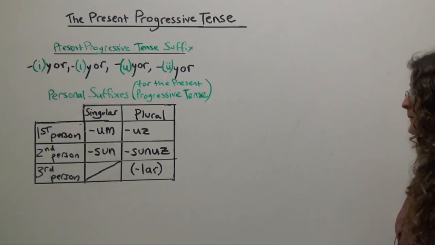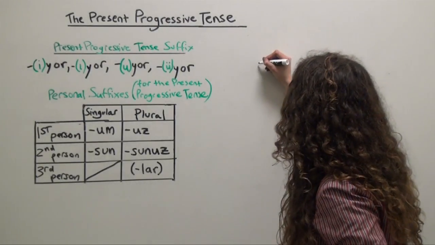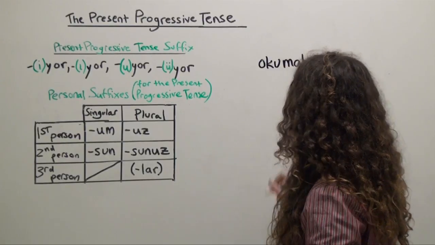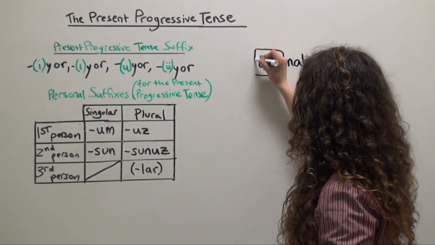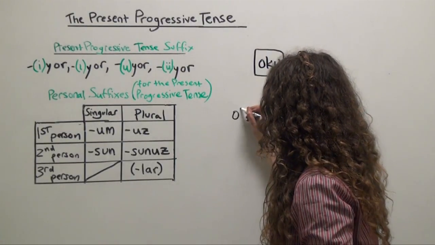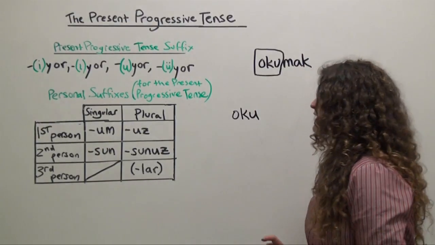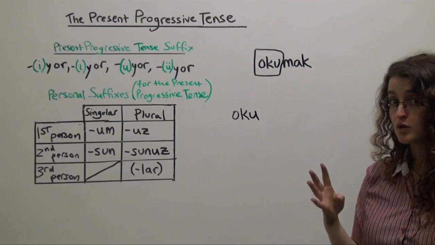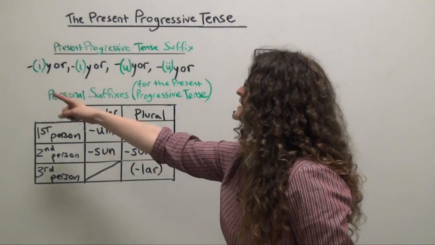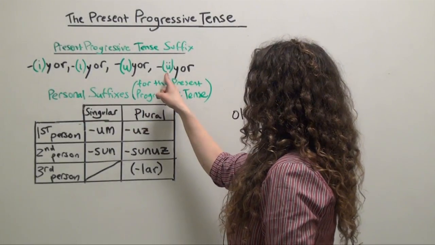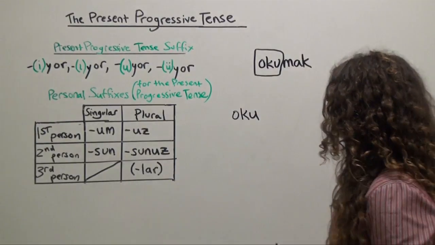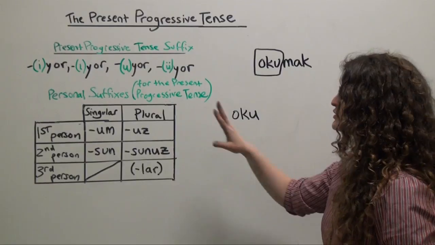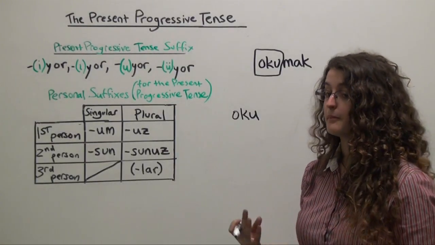Now let's talk about how you put into the present progressive tense a verb stem that ends in a vowel. Let's consider the verb okumak, to read. I'm going to take the verb stem, oku. Notice that this verb stem ends not just in a vowel, but in one of our four-way vowel harmony vowels, ı, i, u, and ü. If your verb stem ends in one of those four vowels, you can just leave it there. You're not going to add an additional buffer vowel.